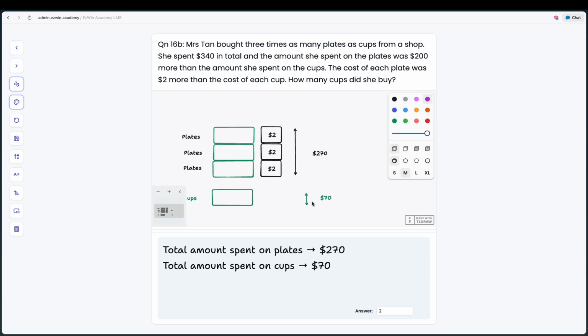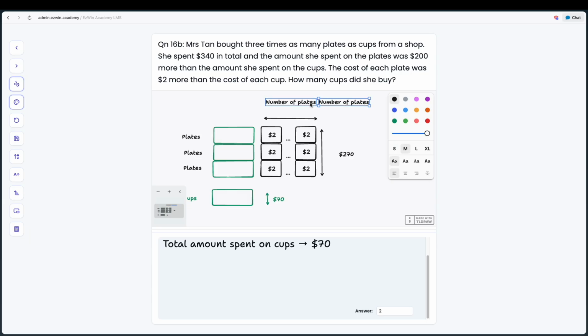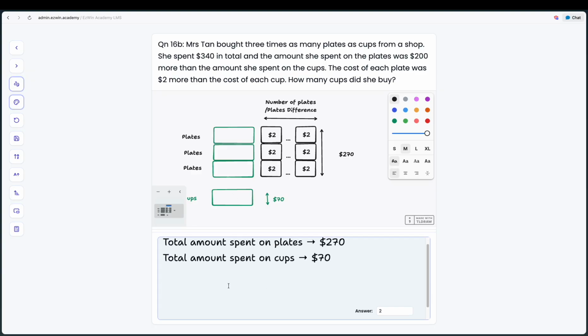So I see over here $70. So essentially, it looks something like this, and this is how we get the number of plates, and this is also the plates difference. I'm gonna put here as plates difference. In this case, we can actually get the plates difference first.